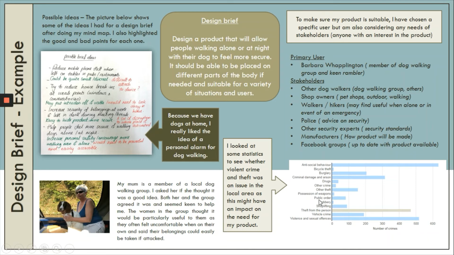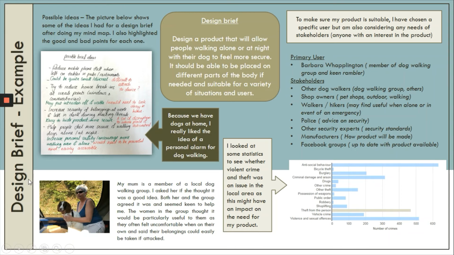So I did have a look at the area that she would walk in. So you can see there theft from the person, so personal theft is quite high. There's quite a lot of crimes to do with that. So I figured, well, that then would be a good product because it obviously is an issue.